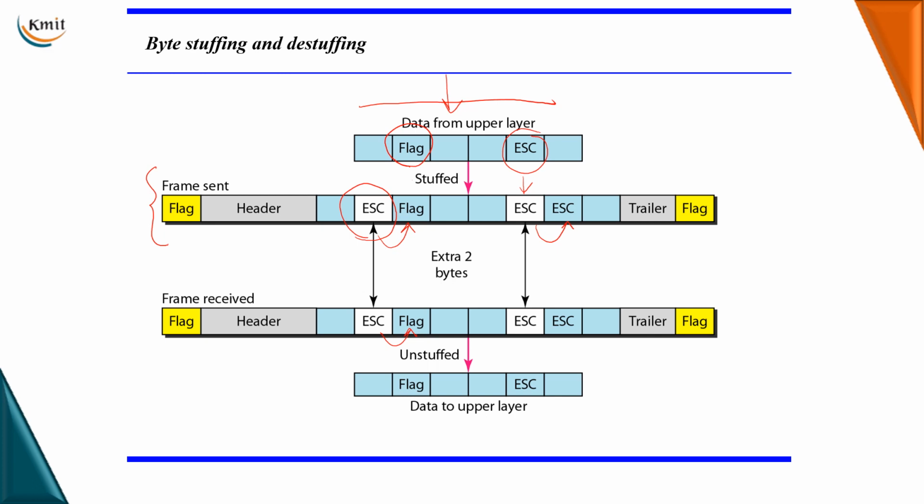Later, when the data has to go to the upper layers, we remove these bytes, and this process is called destuffing. You can see the extra bytes are removed and only the actual data is given to the upper layers.